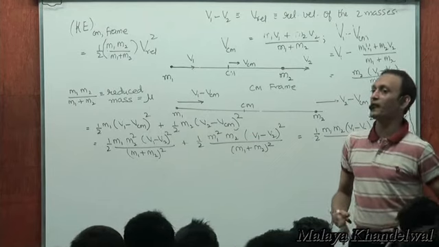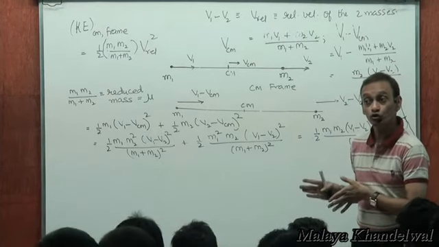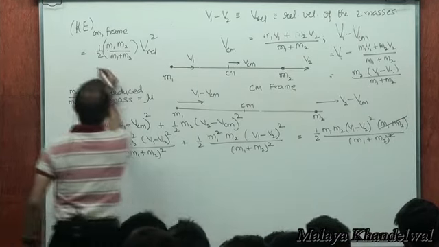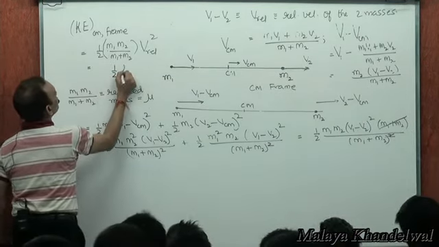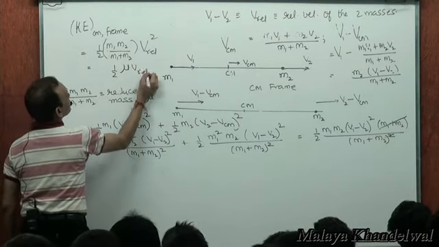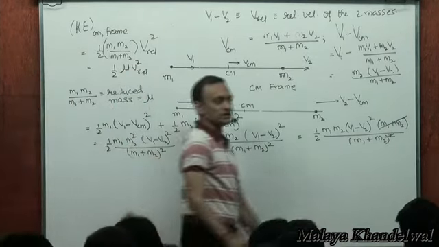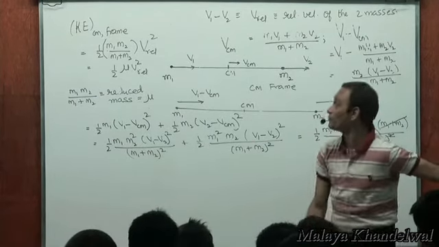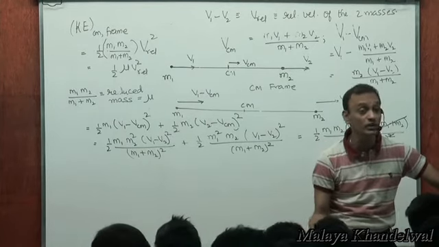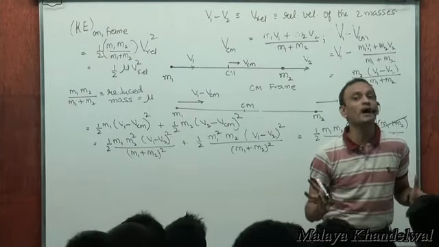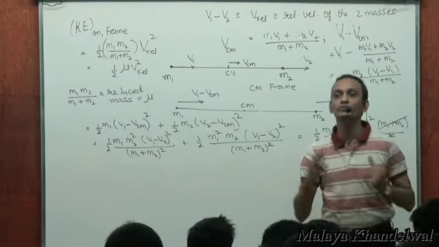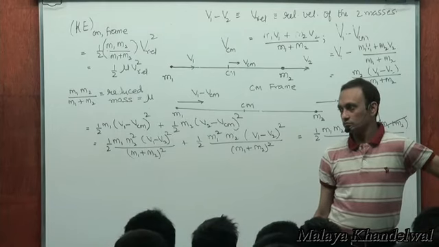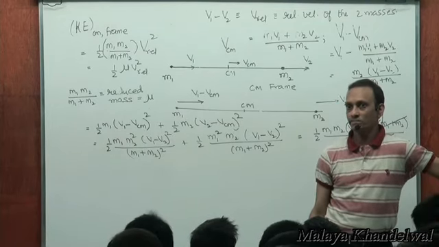So this turns out to be half of mu into vrel squared. Half of mu vrel squared is the kinetic energy of a two particle system in the center of mass frame, where vrel is the relative velocity between the two masses, and mu is the reduced mass, m1 m2 by (m1 plus m2). Right? Sounds good?